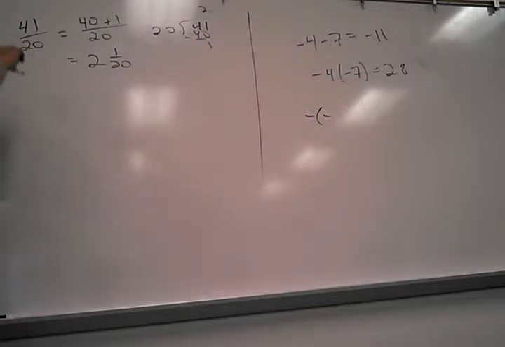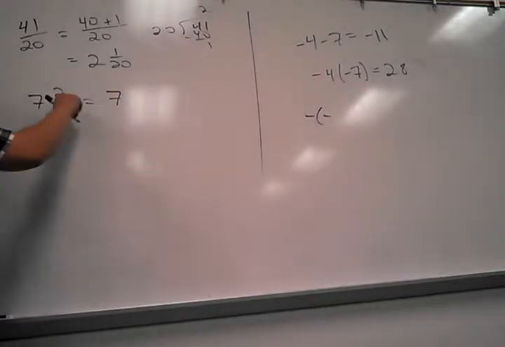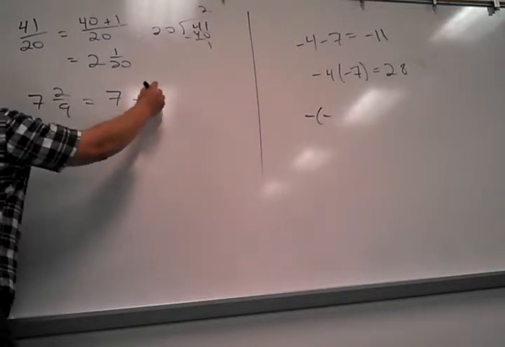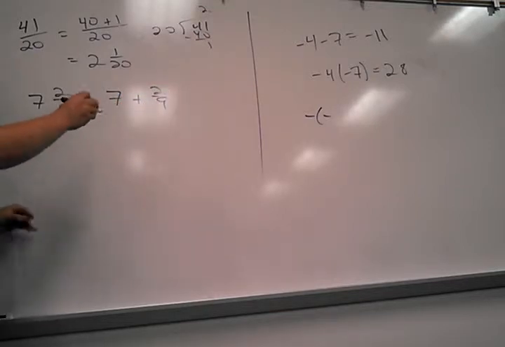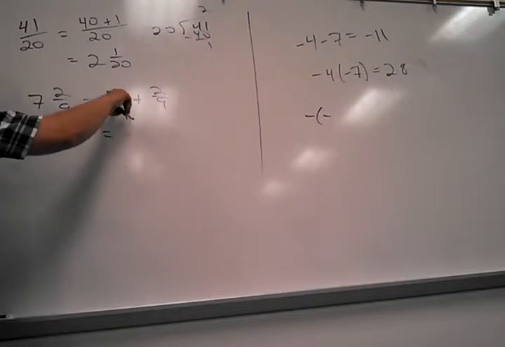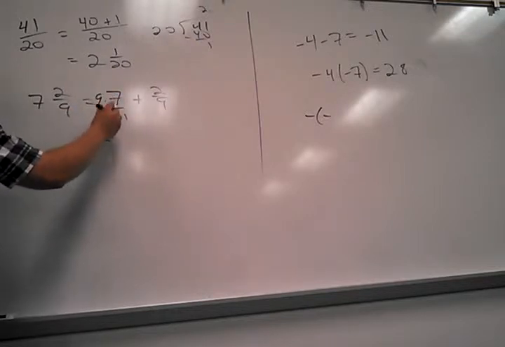Cool. And how do you go the other way? Multiply 2 times 20, that's 40, and then add 1. So if I had 7 and 2 ninths, 9 times 7 plus 2. I love it. And why does that work? Because what does 7 and 2 ninths really mean? It means 7 plus 2 ninths. And to add, you need a like denominator, so I've got to multiply by 9.